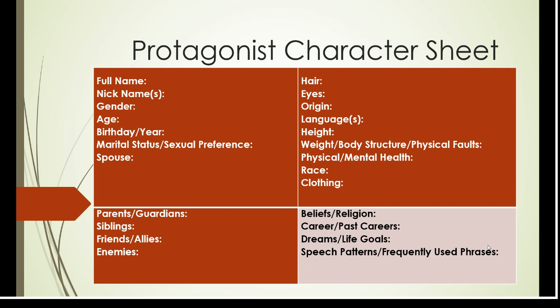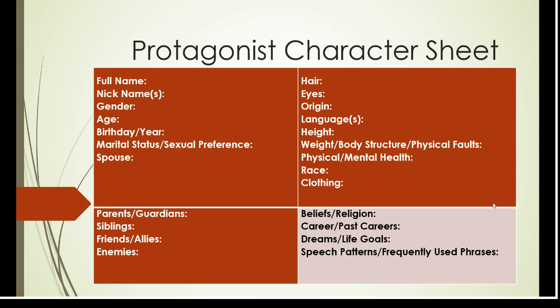As you can see with the protagonist character sheet, you're going to want all their information: their name, age, birthday, year, how old they are, spouse, physical characteristics, hair, eyes, height, weight, physical and mental health, race, clothing, parents. You want their family background, who the siblings are, friends, who their enemies are, what their beliefs are, religious, career, dreams, life goals, speech patterns.